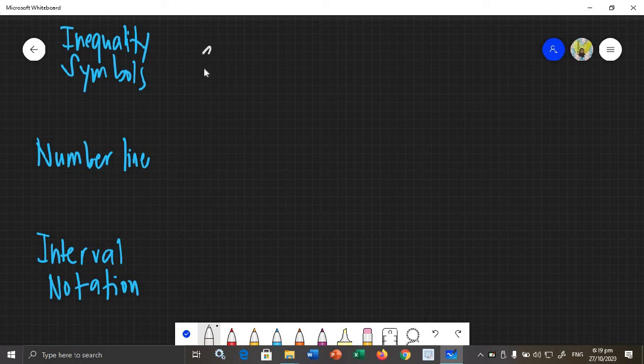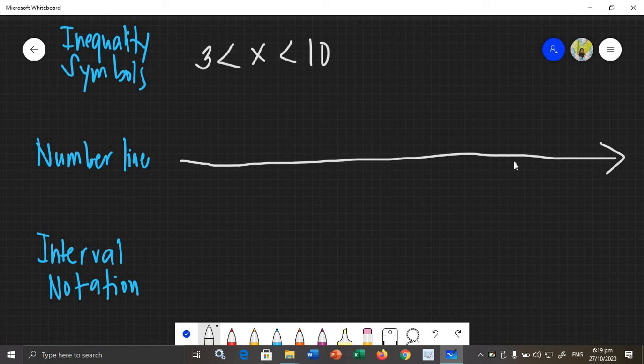So let's say 3 is less than x and x is less than 10. If I am going to illustrate the expression using a number line, I have here 3. I'm not going to complete the values of the number line. And let's say here is 10.